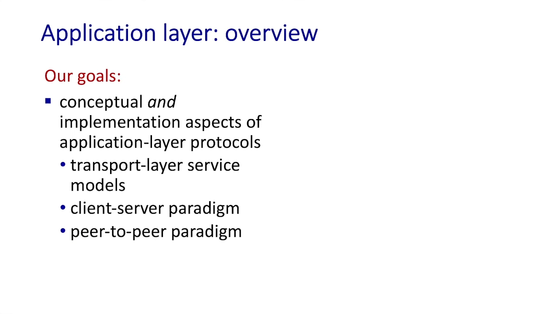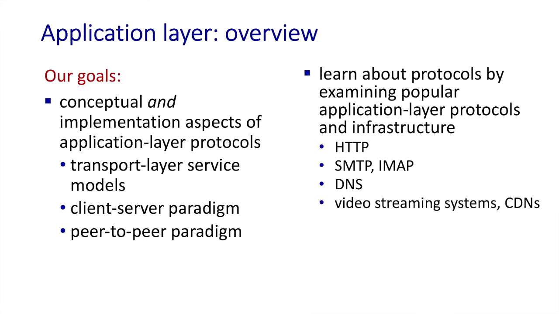And of course, we'll learn about protocols by looking at popular internet application layer protocols and infrastructure. We'll take a look at HTTP, the Hypertext Transfer Protocol that operates between a web client and a web server. We'll also take a very quick look at SMTP, the Simple Mail Transfer Protocol for email.